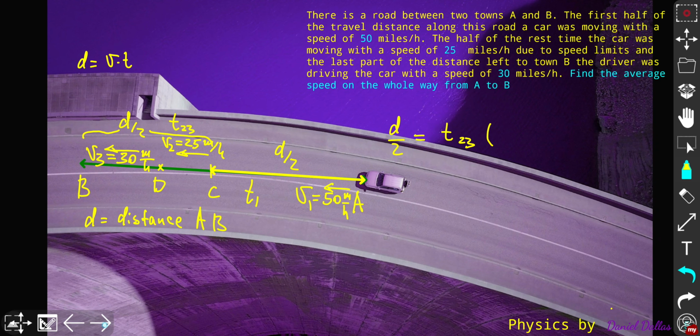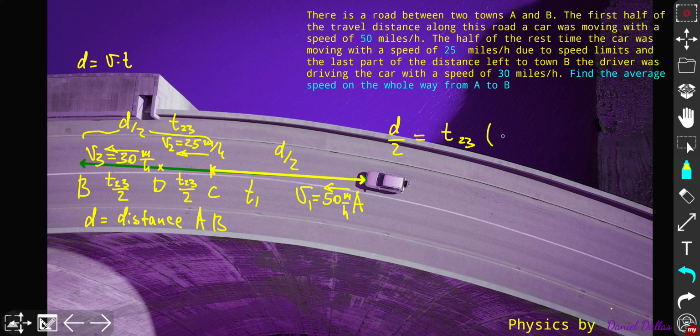So we have V2 and we have V3. Because we are told in the conditions half of the rest time, that means for the interval from C to D, it takes time T23 over 2, half of the rest time, and for the interval from D to point B, it takes again T23 over 2. Times are the same.